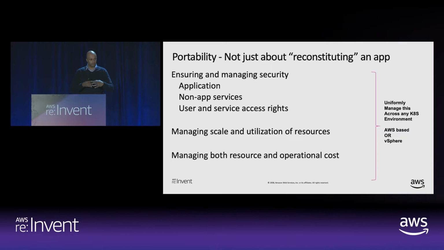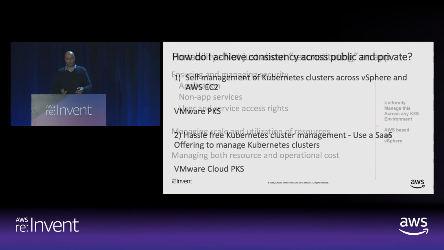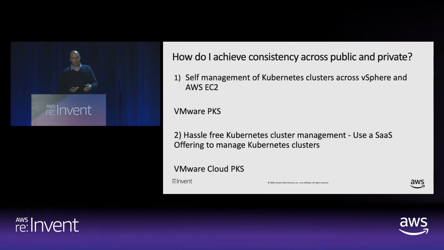In its complete picture, it's not just about app movement, but about all these other components around it. And today we'll talk a little bit about that, and we'll show you how VMware kind of helps provide this when trying to run applications on Kubernetes, both on-prem, right, whether it's on vSphere, or in Amazon on EC2.